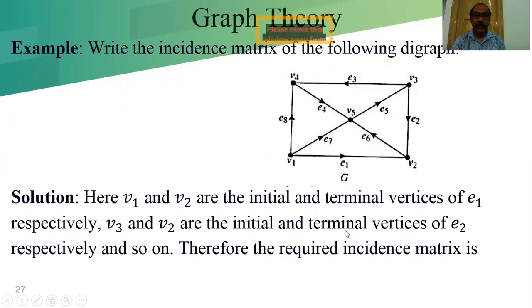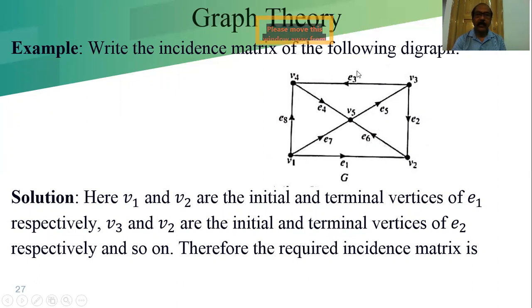V3 and V2 are the initial and terminal vertices of E2. V3 is the initial and V2 is the terminal vertex of E2, and so on. Therefore, the required incident matrix is.